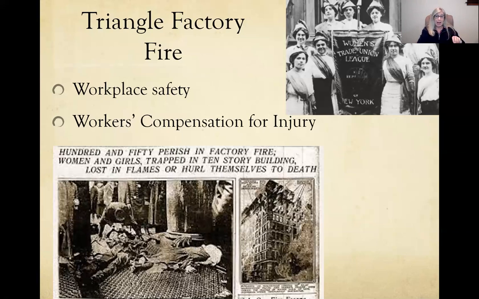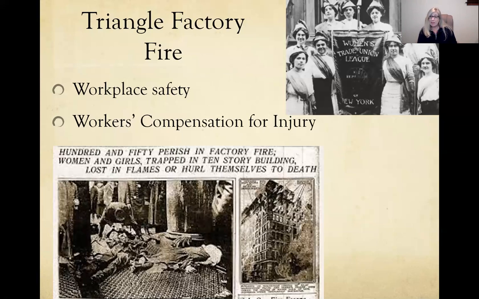As a result of this tragedy, there were demands for workplace safety regulation. So again, this is progressive reform. What was the Gilded Age problem? Unsafe workplaces. No minimum standards for safety exits and fire escapes and the structure of the building. So all of this is now mandated.